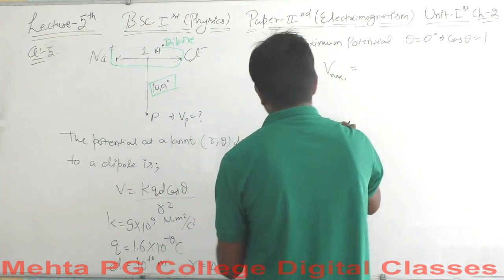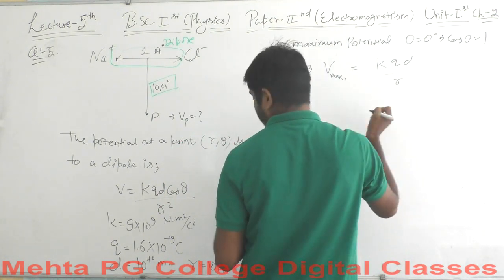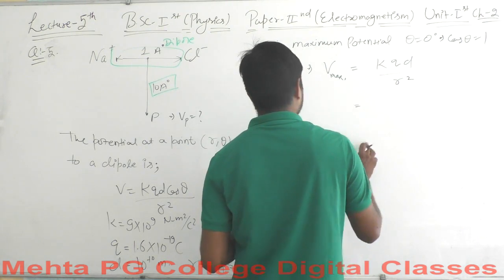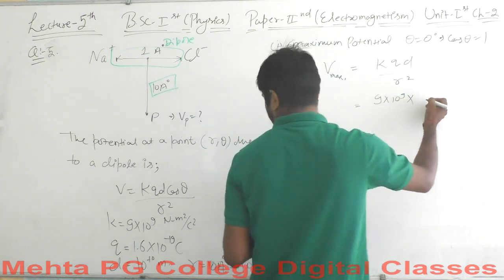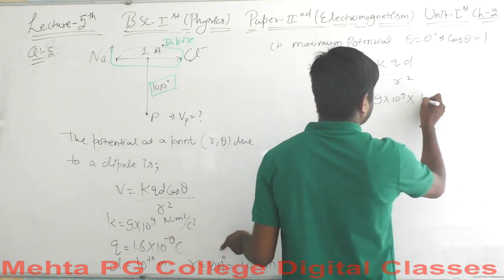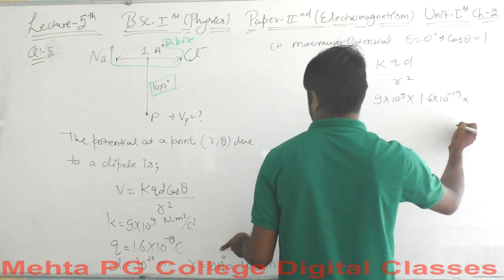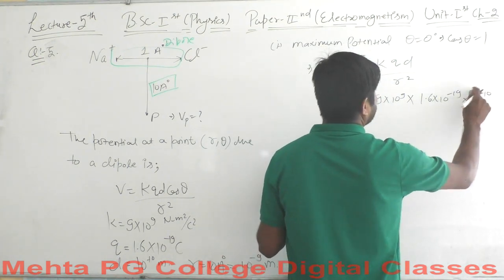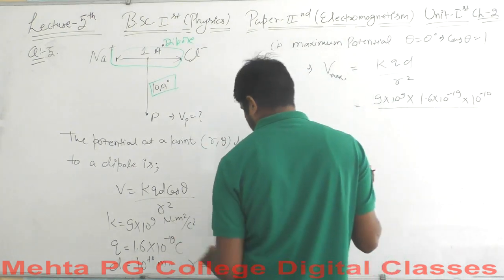So the V maximum, what is the value of maximum potential? This is simply KQD over R square. The value of K is 9 into 10 to the power 9, into the value of Q, which is 1.6 into 10 to the power minus 19, into the value of D, which has been set as 10 to the power minus 10, upon the value of R square.